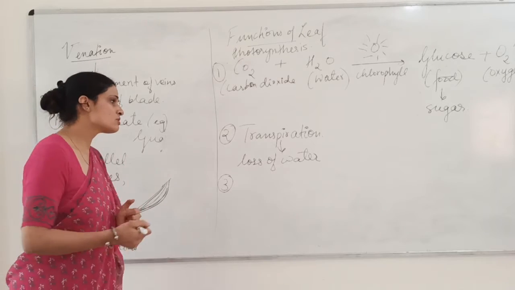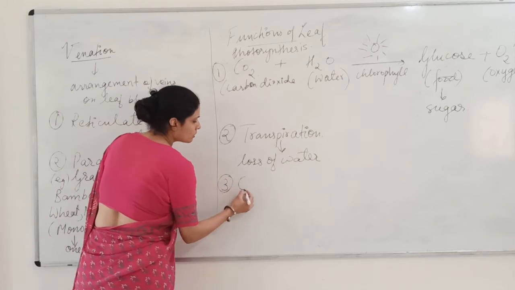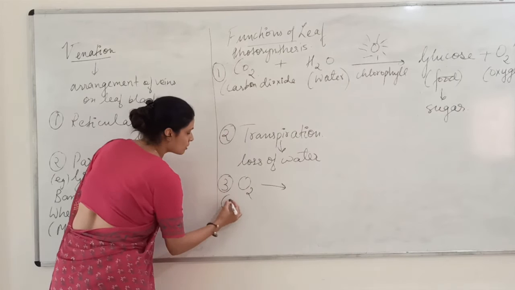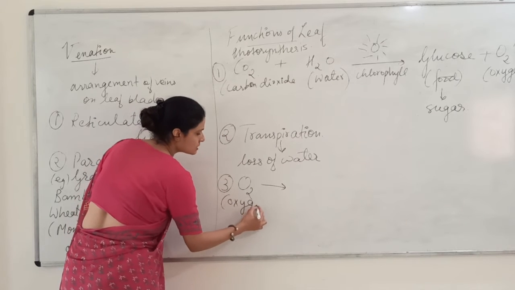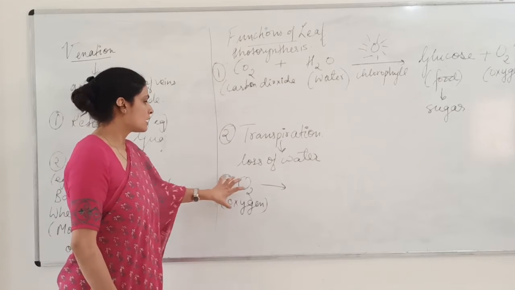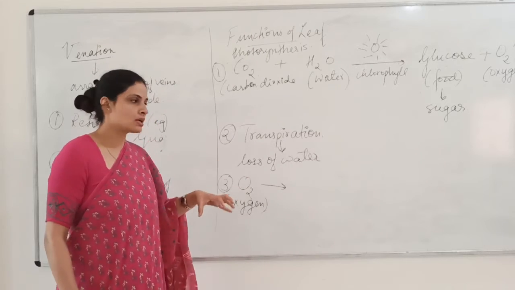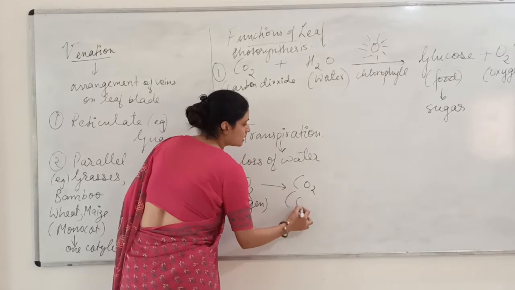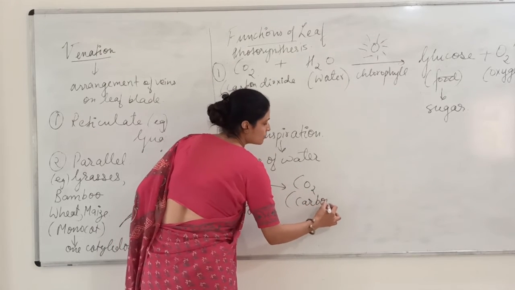Okay, so in the process of respiration, O2 is utilized. O2 means oxygen. Oxygen is a gas which we breathe in. This oxygen is being utilized, and CO2 is given out into the atmosphere.